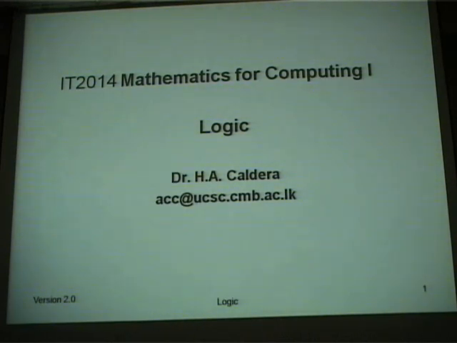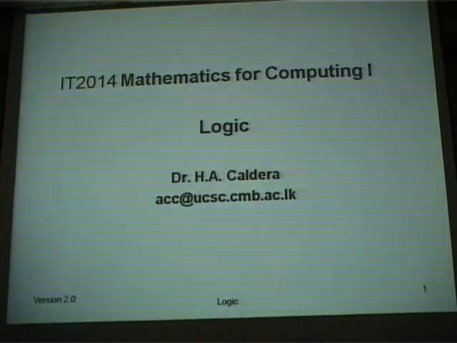The proposition is a statement or sentence where you can determine the truth value of it. Any statement or any sentence, any proposition must have one of the truth values, true or false, nothing else. There are some sentences which can be at the same time true and false, which are a little bit complex.